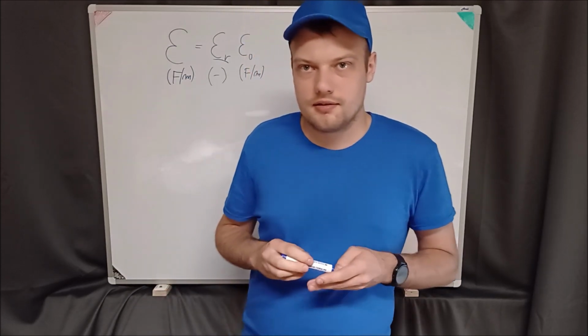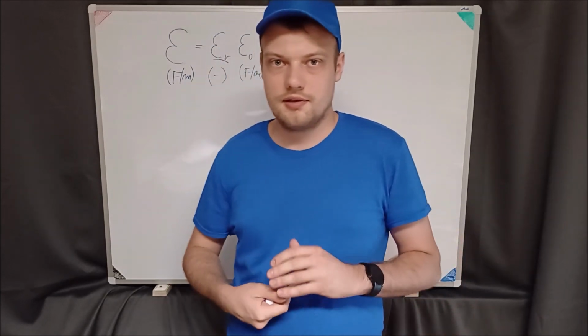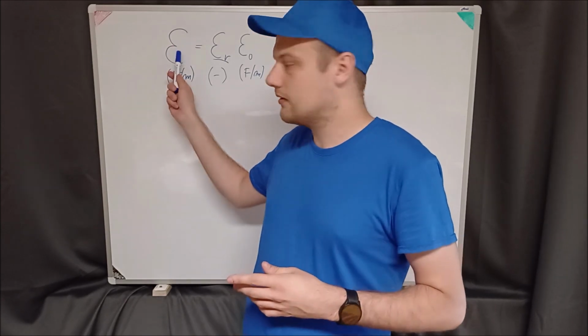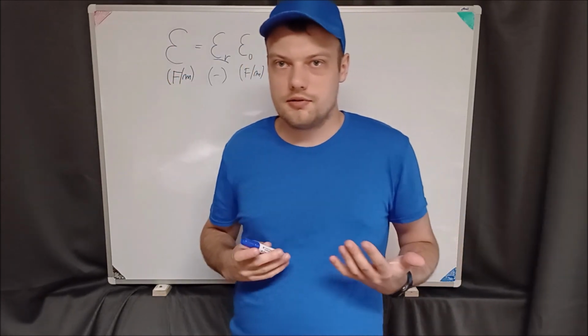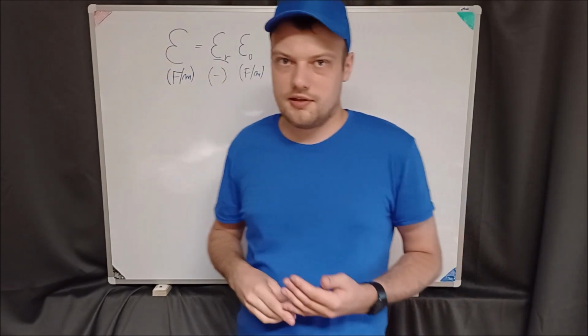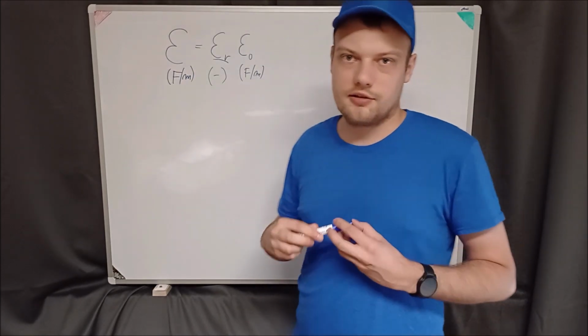Important. Relative permittivity depends on the material. It has no unit. Absolute permittivity equals relative permittivity times permittivity of vacuum, which does have a unit, farad per meter.